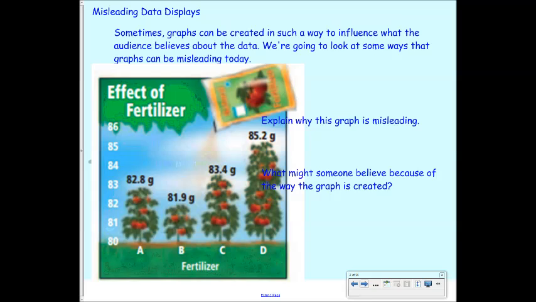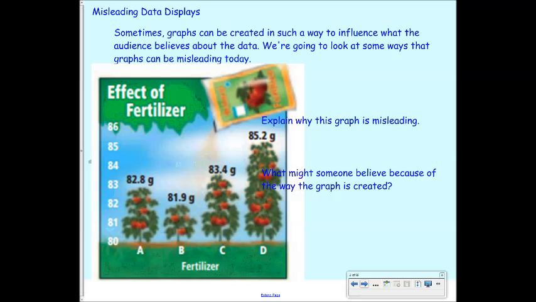This would basically be the same amount of ounces of tomato, but because they chose to put it in grams on the graph, all of a sudden, like George said, this one looks huge compared to this one right here. Is it really that much bigger? No, but because the person making the graph chose to use grams, to count by ones, it looks like a huge difference.